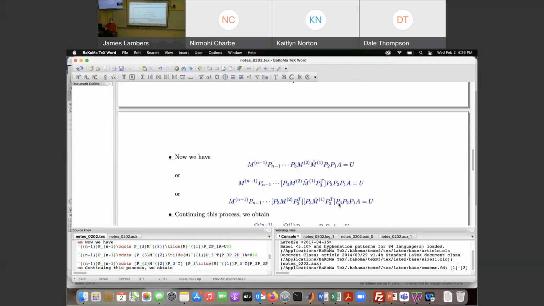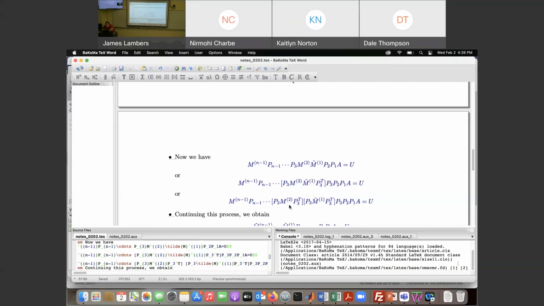And P3 is front-loaded, as it should be. So this one, which already had P2 acting on it, now has P3 acting on it as well. But we already know that will preserve the unit lower triangular structure, because it's acting on columns greater than 1. Same thing over here. This will preserve the unit lower triangular structure.